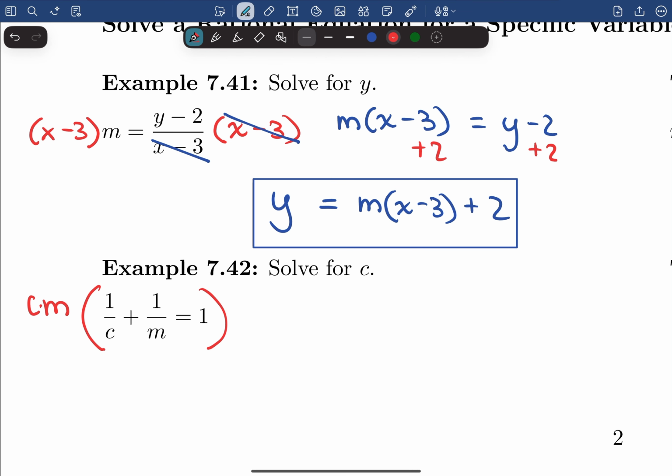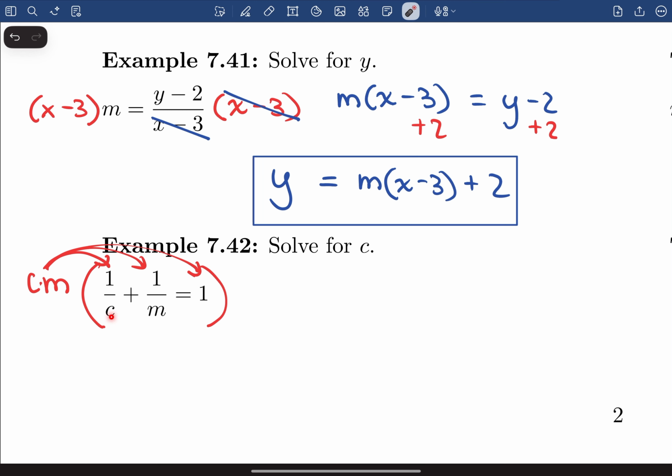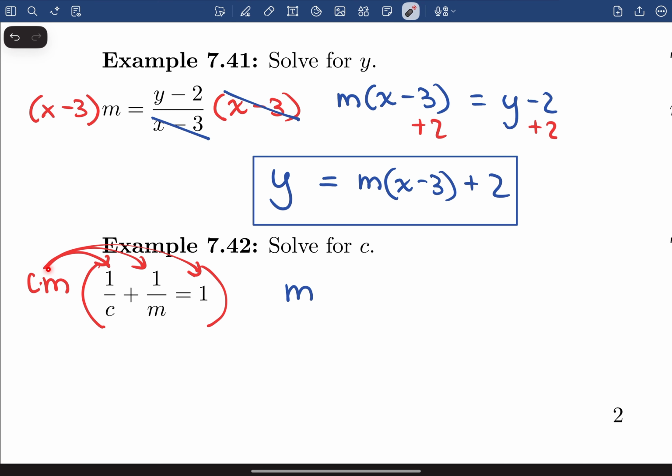And so I'm going to distribute c times m into all of these pieces, and let's see what the resulting equation is. Well, this c cancels that c, and 1 is multiplied with m. So 1 times m is just m. And then this c times m gets multiplied with this fraction 1 over m.